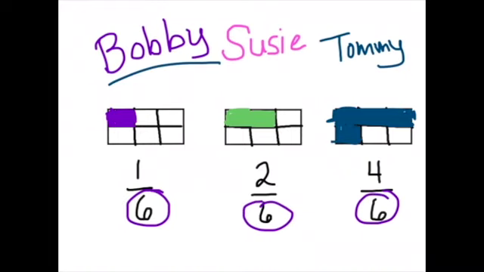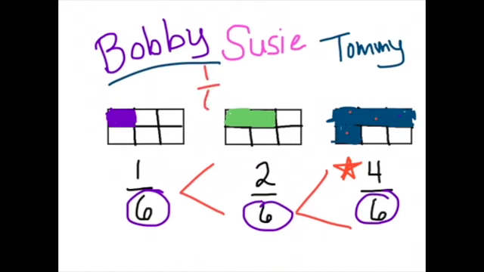And so even though we have the same denominator for each one, and each piece is exactly the same size, the numerator is very important in this case because our 4 right here is clearly more than the other brownie trays, right? 1/6 is less than 2/6, and 2/6 is less than 4/6.